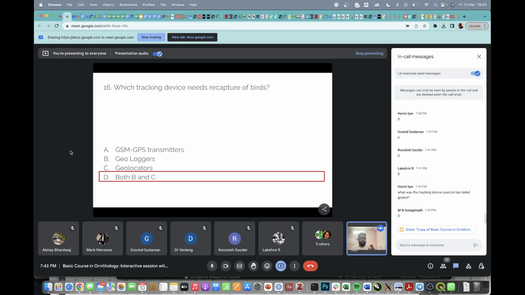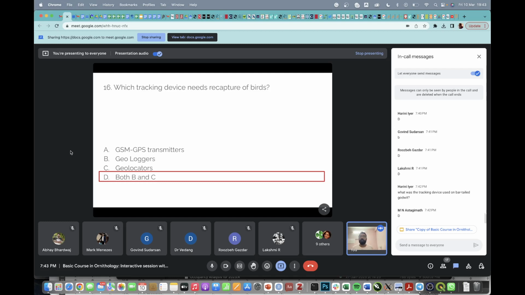And the lightest is the geolocator. They also log, but they log the light intensity, the lux value, and they don't log the GPS location. So that's why they are lighter. They don't have the GPS system in it, so they are lightest. And for both geologgers and geolocators, you still have to recapture the bird to extract all the information.